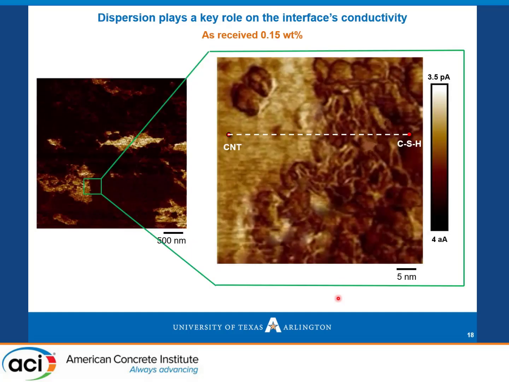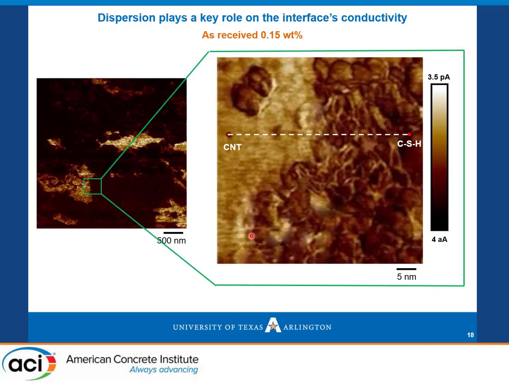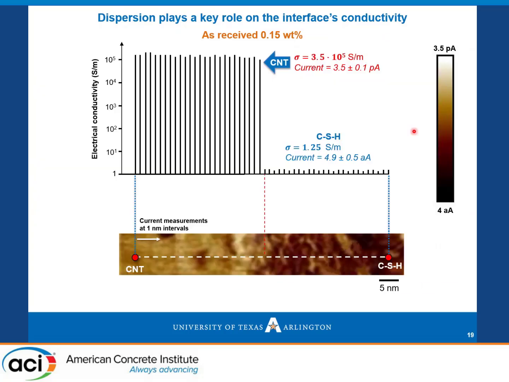But to evaluate the electrical conductivity, we scale down, we increase the resolution, we go down to 5 nanometers here. And in this current mapping, you see the area of the CNT surface and the area of CSH. Using this current mapping, we evaluated the electrical conductivity of this area here at 1 nanometer intervals.